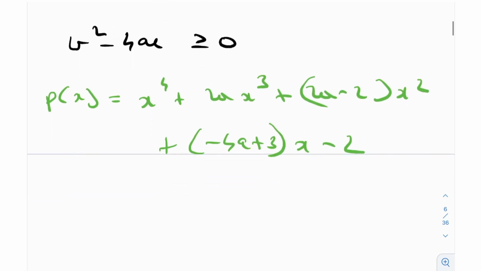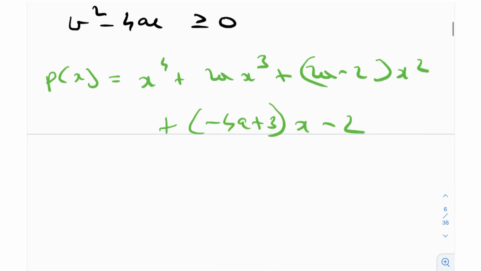If I can find certain roots of this polynomial p of x and then use long division and factorize it, basically reduce it down to a quadratic, my work will become very simple, because we have the result for when the roots of a quadratic are real. There is no such standard result for a biquadratic. So that's the issue.